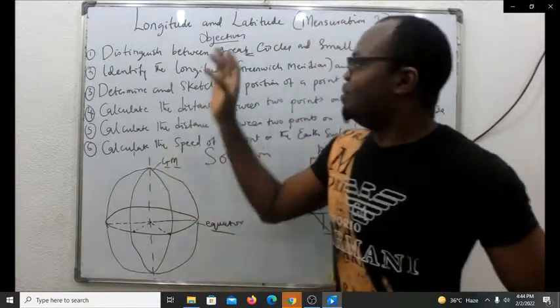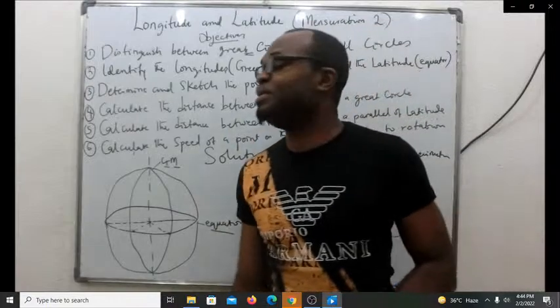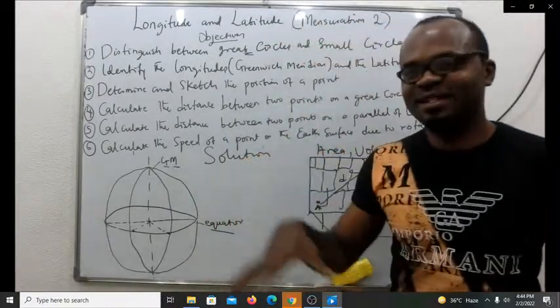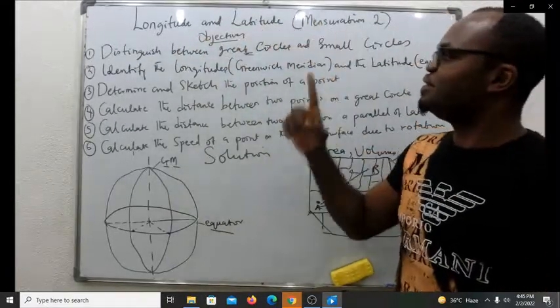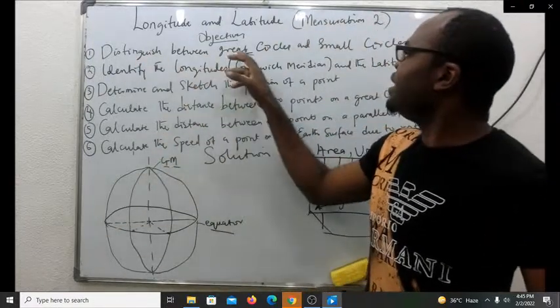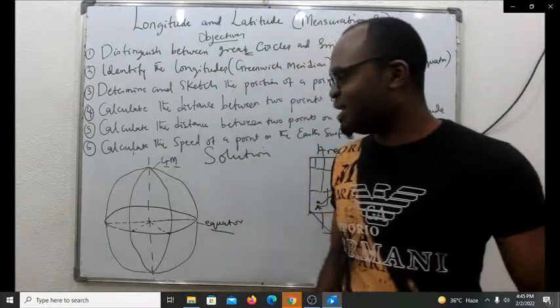So, what is the objective of this course? What are we expected to know after this course, Longitude and Latitude under Measuration 2? Number one, you should be able to distinguish between a great circle and a small circle, which is what I've just explained.